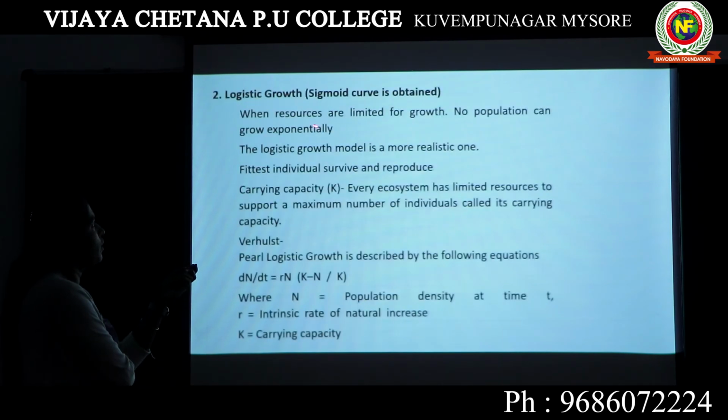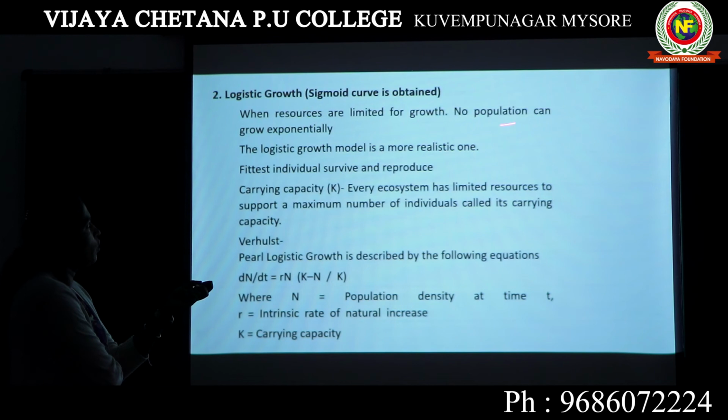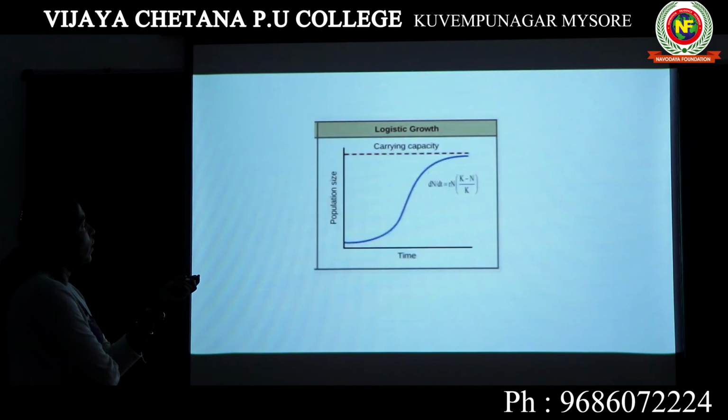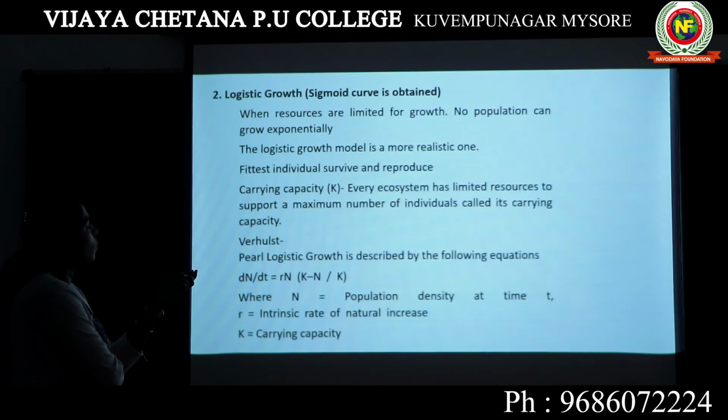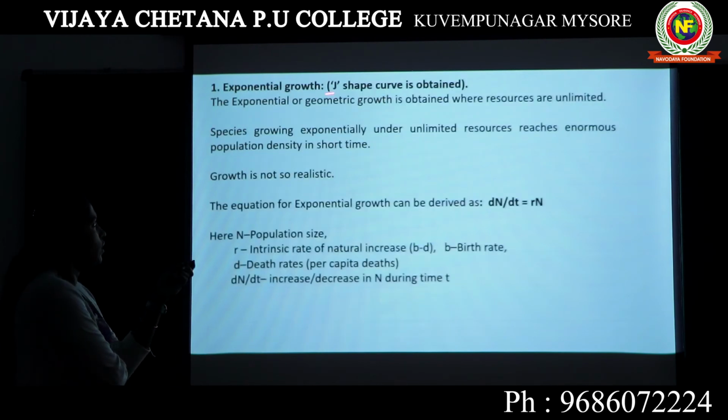Here growth is obtained when resources are limited. There the population can grow exponentially; here the population cannot grow exponentially. There it is not a realistic one; here it is a realistic one. There all the organisms will survive and reproduce; here only the fittest individuals will survive and reproduce.